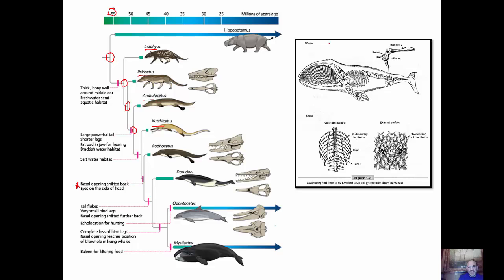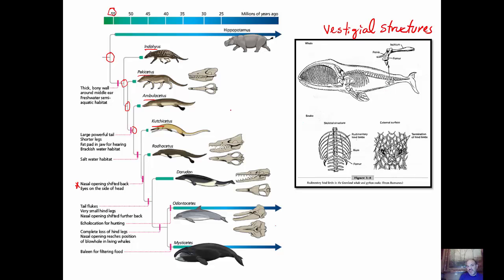Then I also included over here another interesting item that we see in organisms today, what we call vestigial structures, which are anatomical structures that are no longer used. For example, whales.